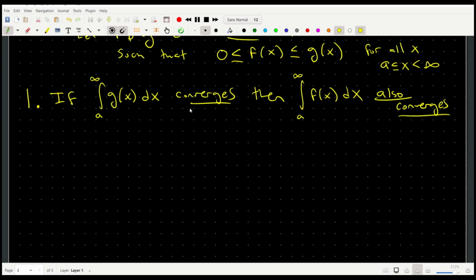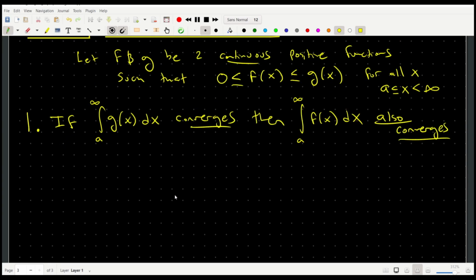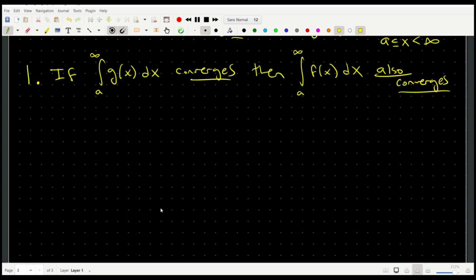This is basically saying that if we have a complicated function f of x that we don't want to compute the improper integral of, if we can find a simpler function, a function that's simpler to integrate, that's always above f of x, and that converges, then the integral of f of x must necessarily also converge.